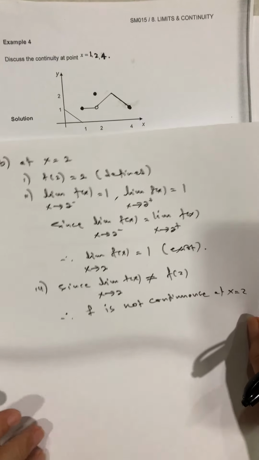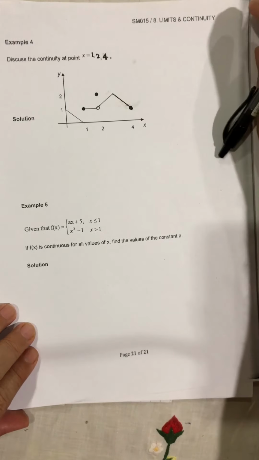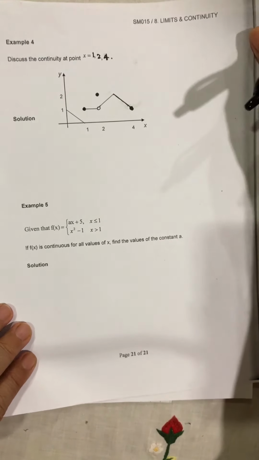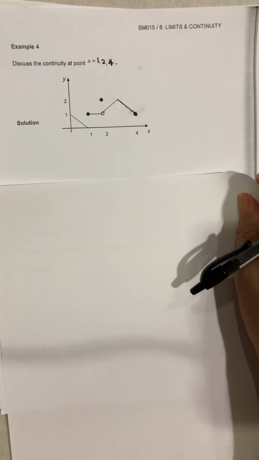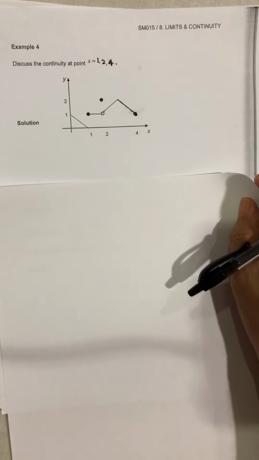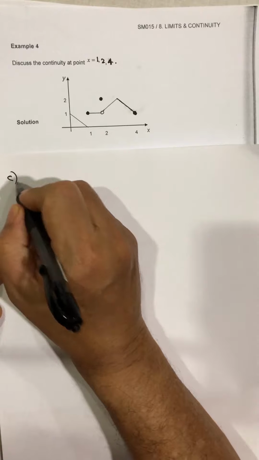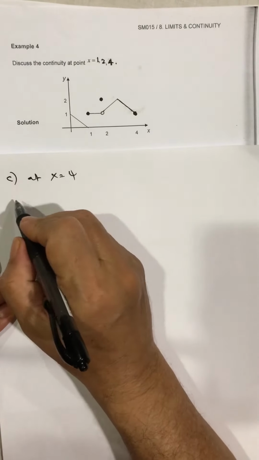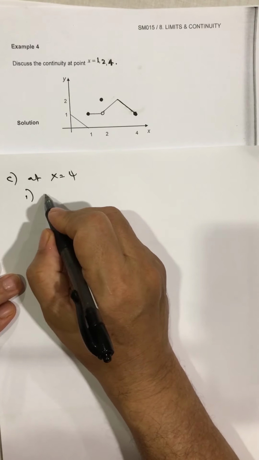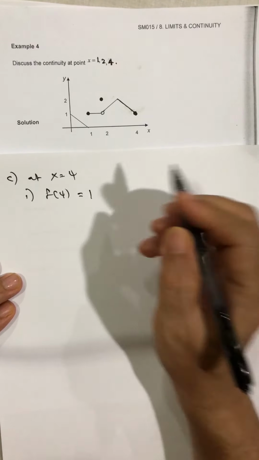And the last one, we look at point C, the point x equals 4. At x equals 4, number 1, f(4) is equal to 1.